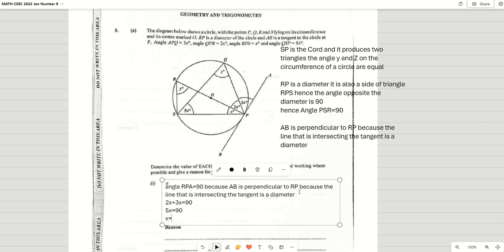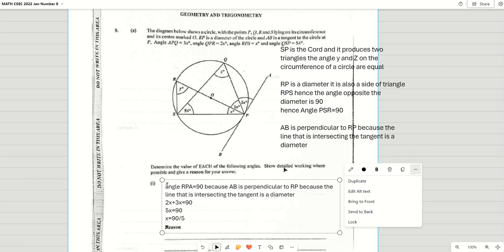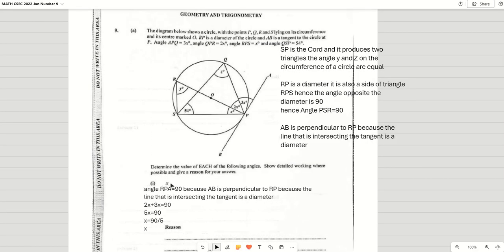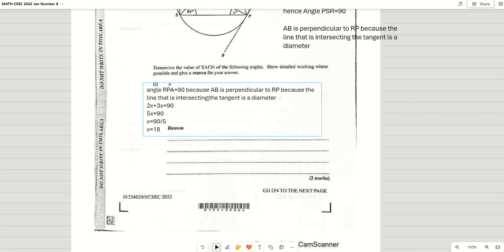So x would be 90 over 5. When you divide 90 by 5, it is 18. So x is equal to 18, and that is how you would find this answer. So you'll put this reason in here.